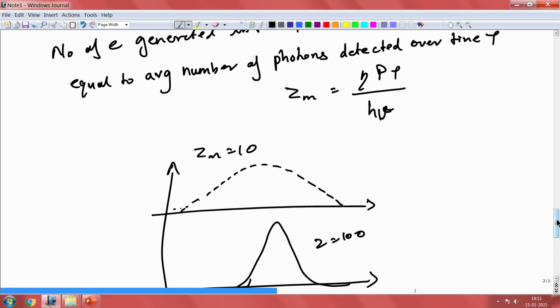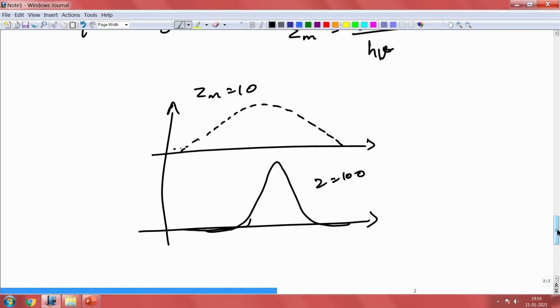And in that case your distribution will be similar to Bose-Einstein distribution of black body radiation than what we see here as a coherent distribution. So this is for a monochromatic coherent source.